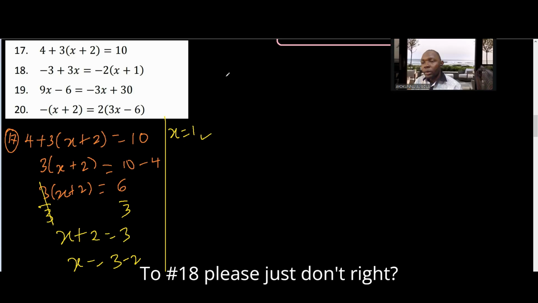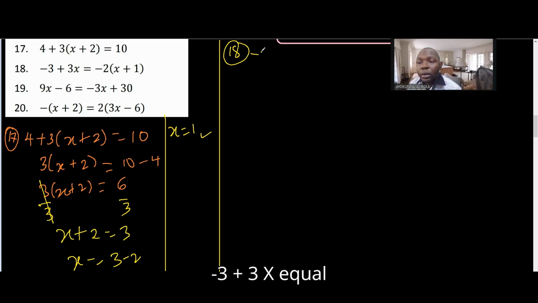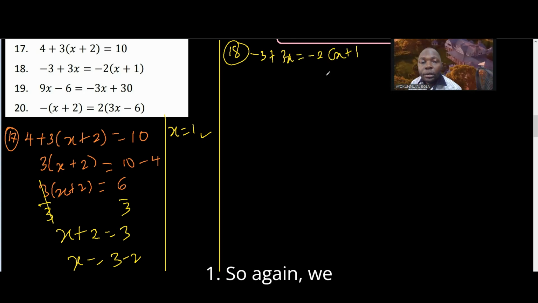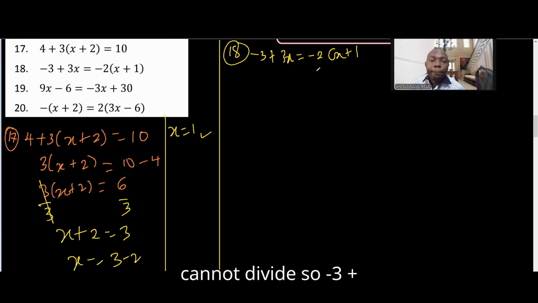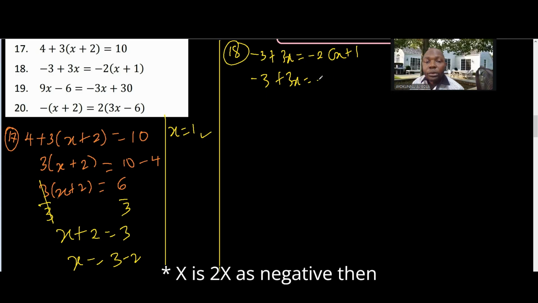Now to number 18, please just don't write. Look at it now. Number 18, minus 3 plus 3x equal to minus 2 into x plus 1. So again, we cannot divide. So minus 3 plus 3x equals 2 times x is 2x, that's negative, then negative 2.